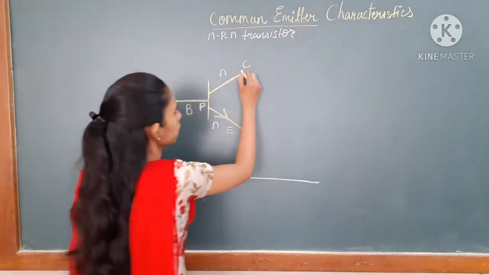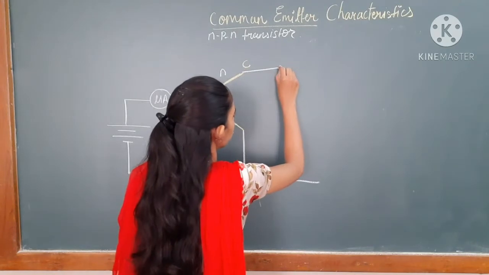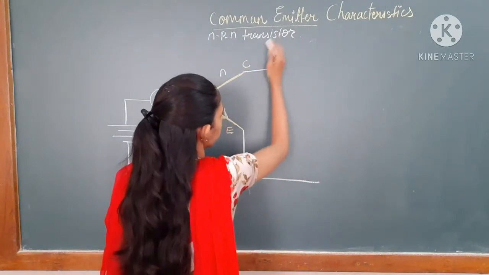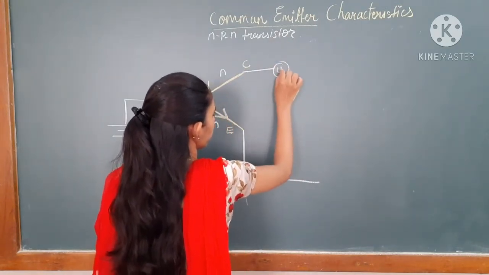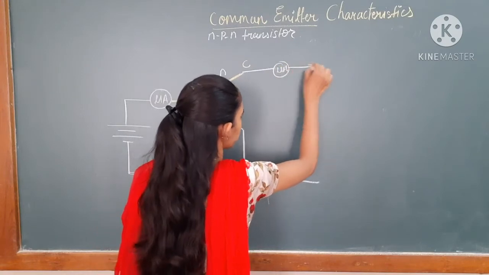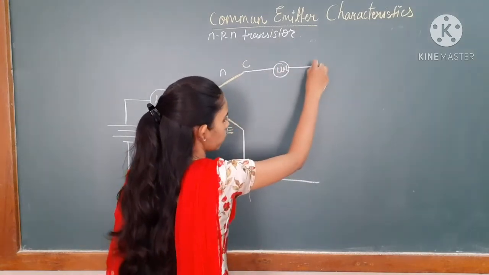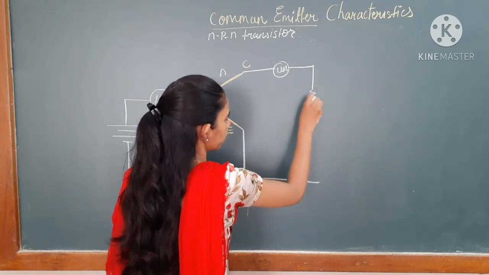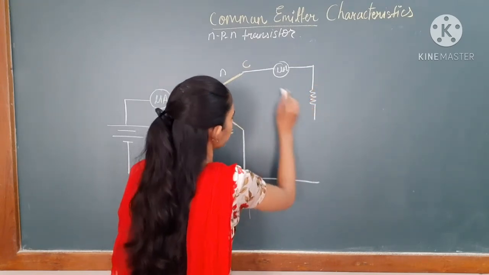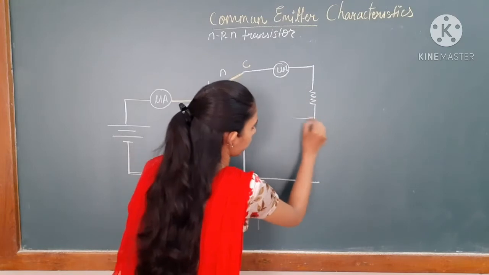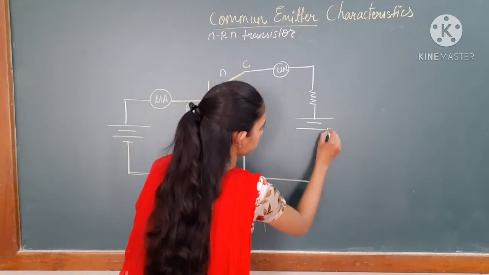Now here we are going to use a resistor. Again we use a microammeter so that we know the current flowing from the collector. Here it is negative, so we attach the positive terminal over here.